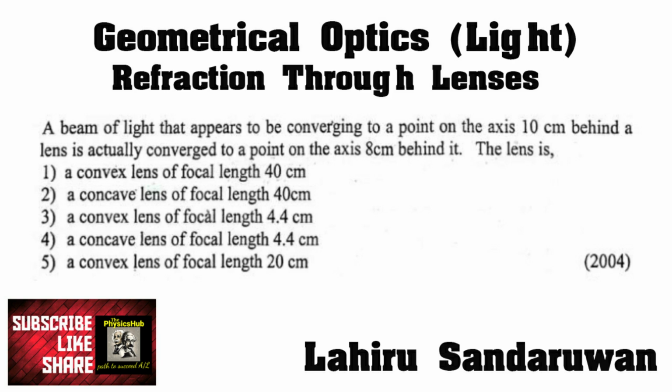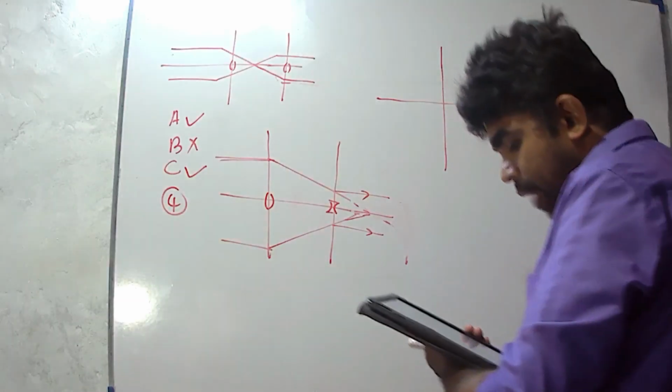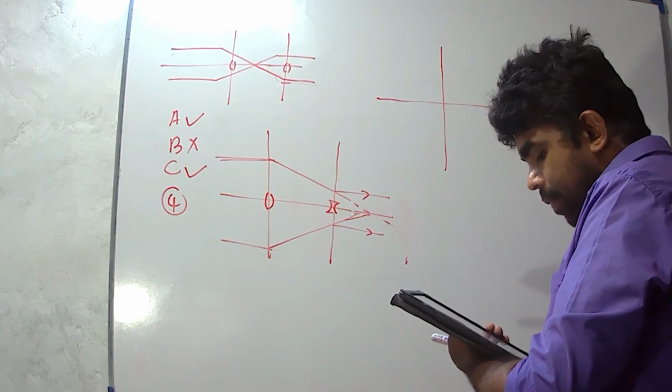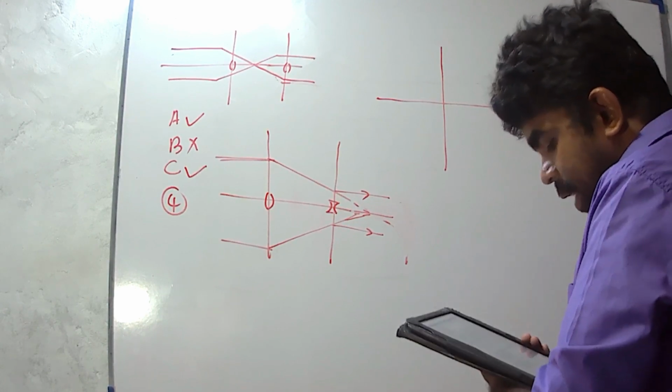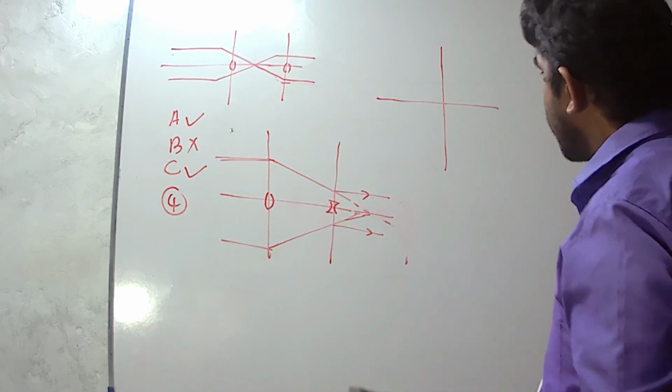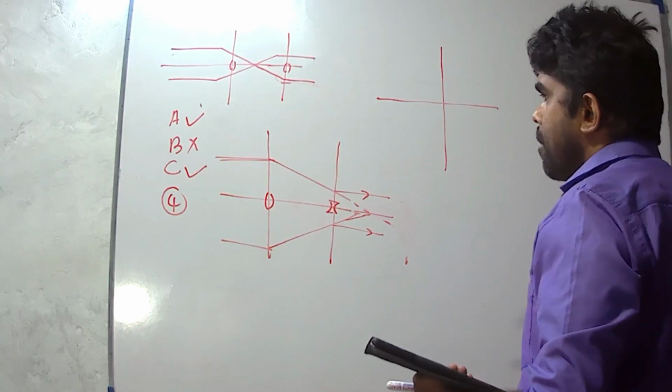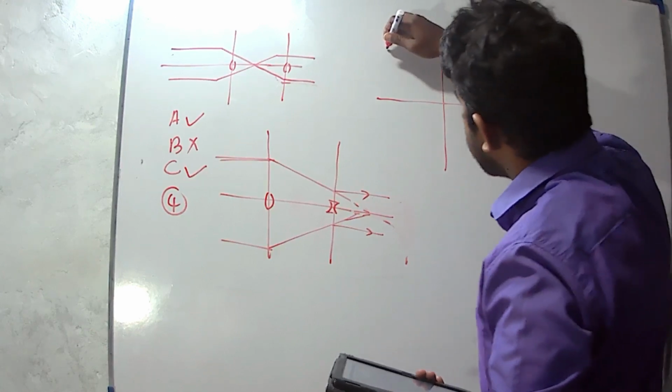A beam of light appears to be converging to a point on the axis 10 centimeters behind the lens. It actually converges to a point on the axis 8 centimeters behind it. The lens is? A beam of light that appears to be converging to a point at 10 centimeters behind the lens is like this.